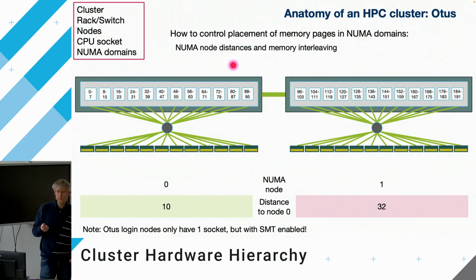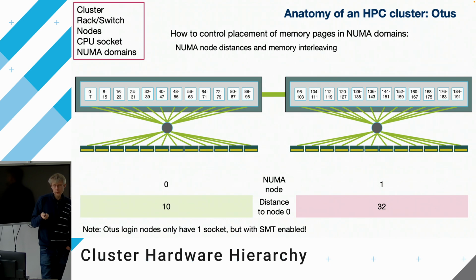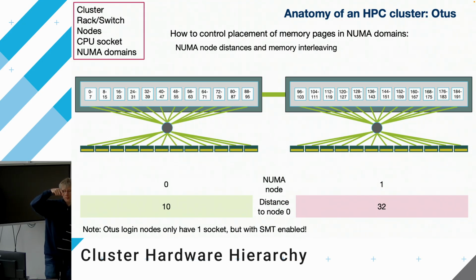And in Otus, we have configured the system to have 2 NUMA domains, one per CPU socket. The operating system uses this information to decide where allocated memory should be placed in physical memory, and it has certain values for the access of the memory from a certain CPU core.